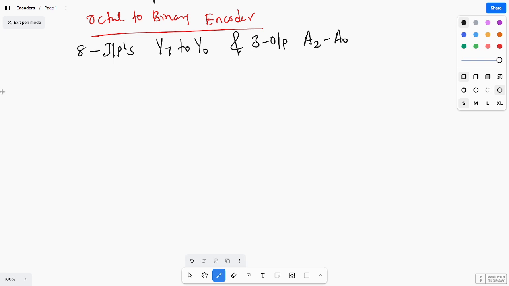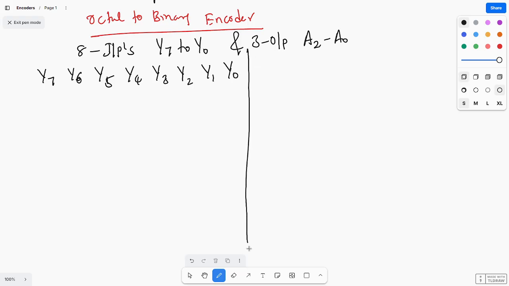So you need to write y7, y6, y5, y4, y3, y2, y1 and y0, and next here you have a2, a1 and a0.